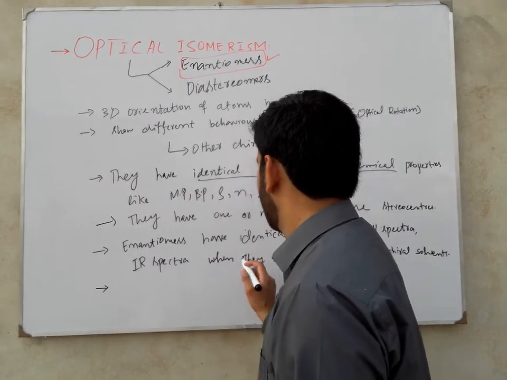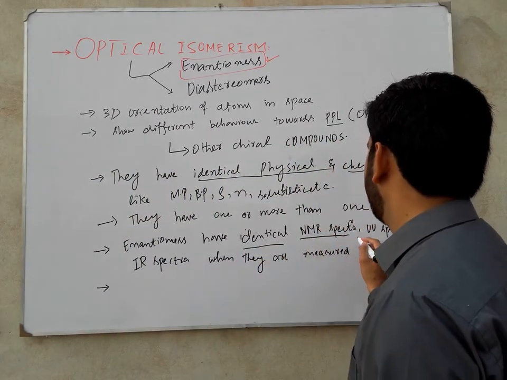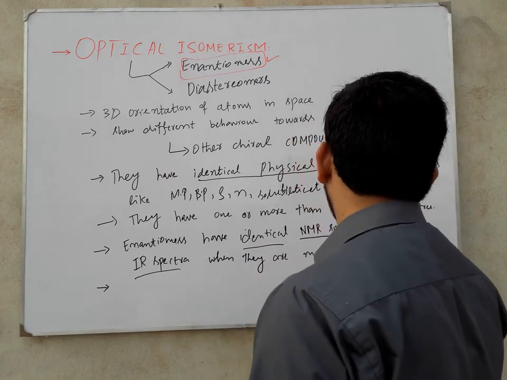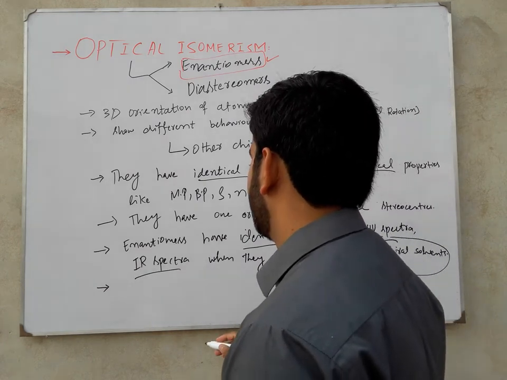Enantiomers have identical NMR spectra, UV spectra, IR spectra when they are measured in achiral solvents.